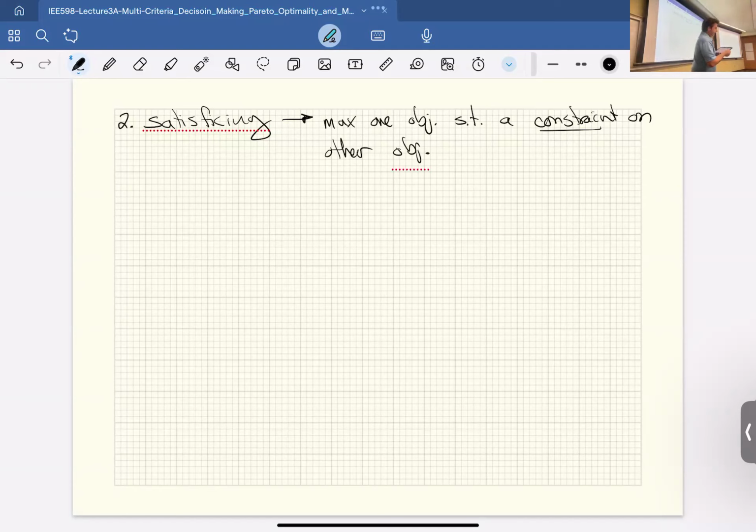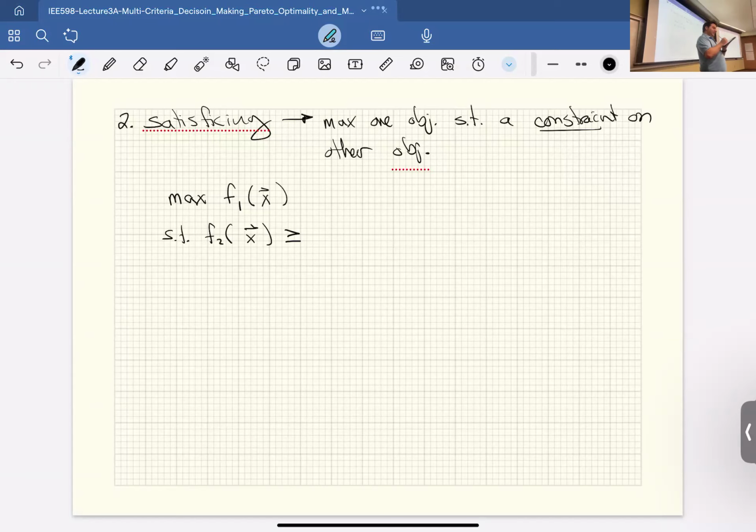So the idea here is I could rewrite this problem as maximize objective one over all values of x, subject to the constraint that f2 of x is, and I'm going to make sure I do this in the right direction because now I've got these both as maximums, at least greater than or equal to some bound.